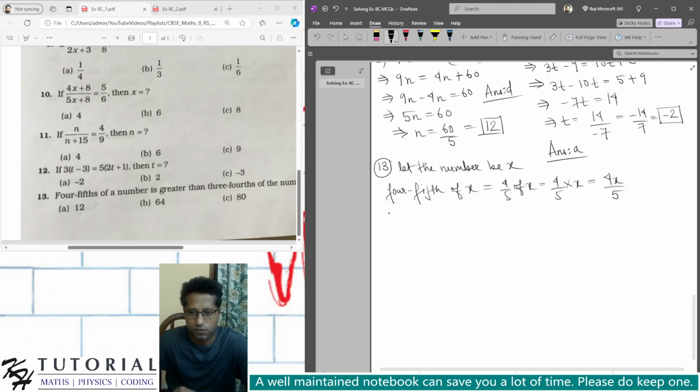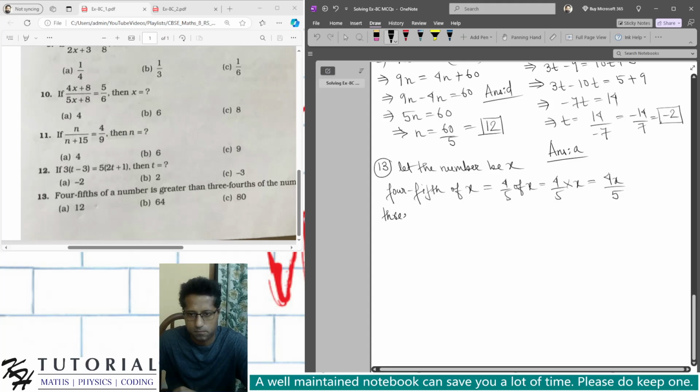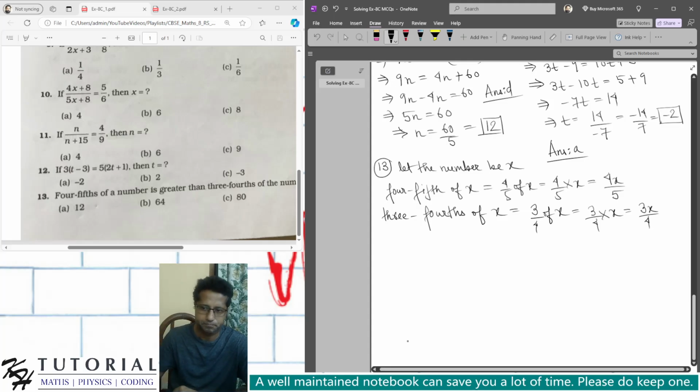Similarly, 3/4 of x is equal to 3 by 4 of x. This is equal to 3 by 4 multiplied by x. This is equal to 3x by 4.